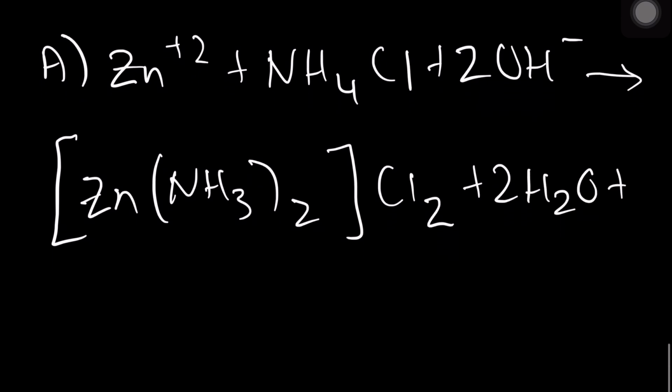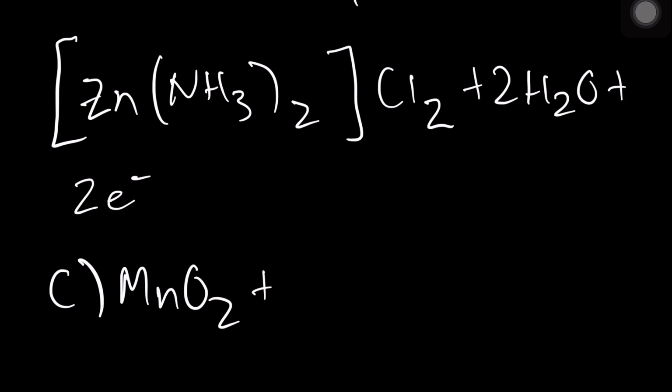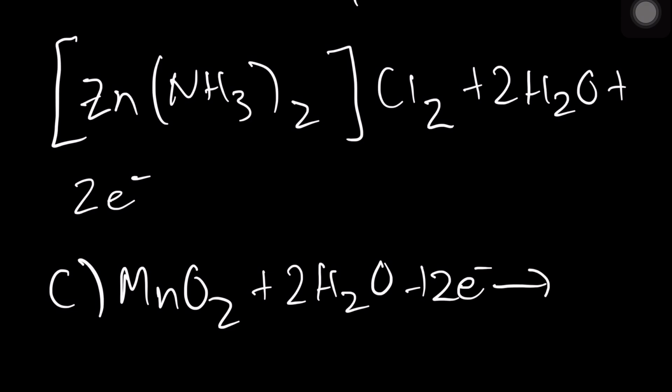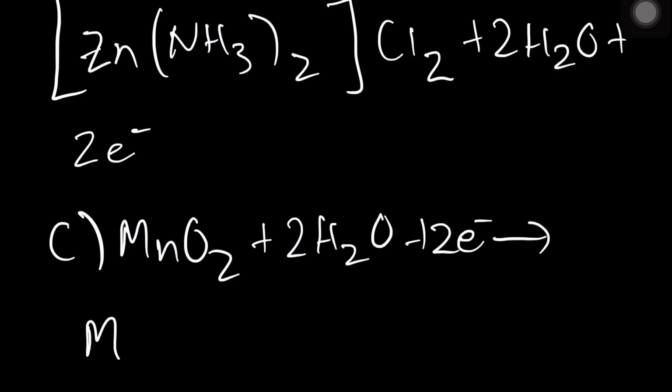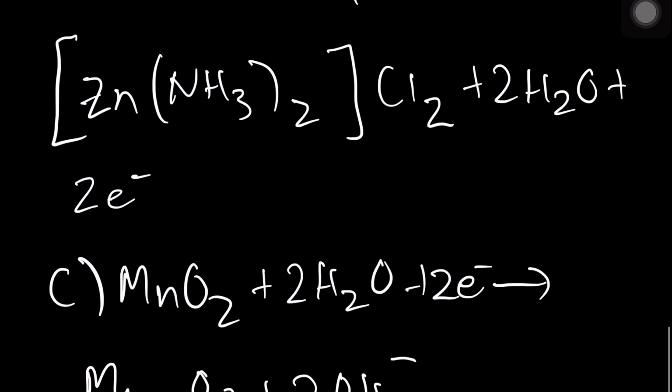It also gives rise to 2 water molecules and 2 electrons. Now at our cathode, our manganese oxide reacts with water and 2 electrons to give rise to manganic oxide and 2 hydroxide ions, and that should be it.